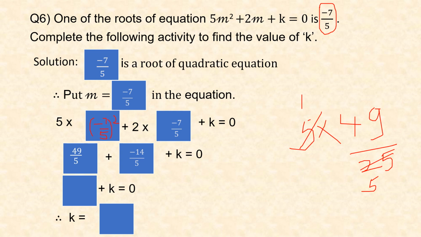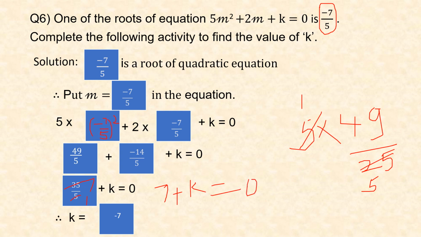Here denominators are same, therefore we add or subtract the numerators. 49 minus 14 is equal to 35 upon 5. 35 upon 5 means 5 sevens are 35, that is 7, plus k is equal to 0.